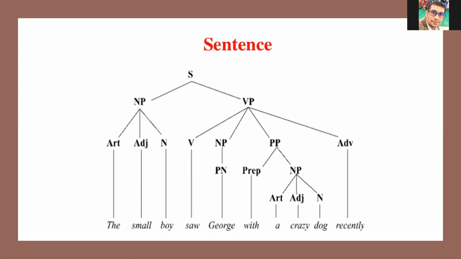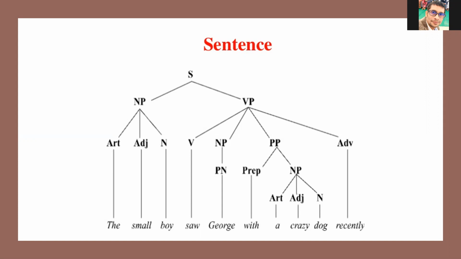There are a lot of nodes and a lot of phrases, but in the end, it makes a VP. If you categorize them, saw is the verb, George is a noun phrase, with a crazy dog is a prepositional phrase. Though there is an adverb at the end, recently, it makes an adverbial phrase.